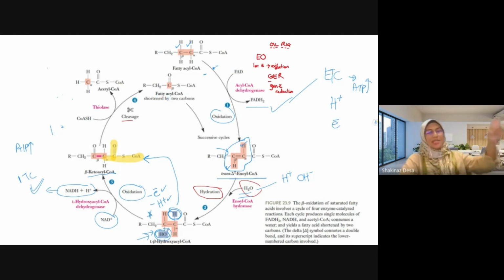So what happened to this new fatty acid CoA? Dia pusing lagi. They repeat the cycle again. Oxidation, hydration, oxidation, cleavage. Dapat 14. So again, 14. Oxidation, hydration, oxidation, cleavage. Itulah cerita dia. Sampailah we're going to produce many acetyl CoA, many FADH2 and many NADH, depending on the bilangan carbon pada initial fatty acid.